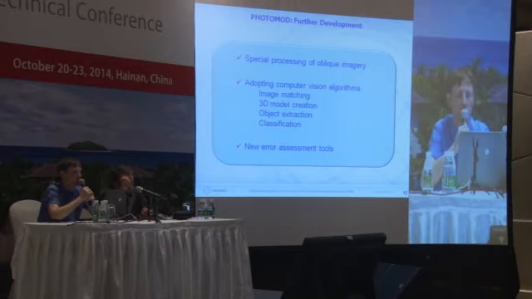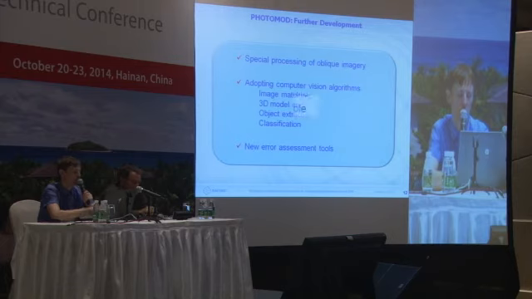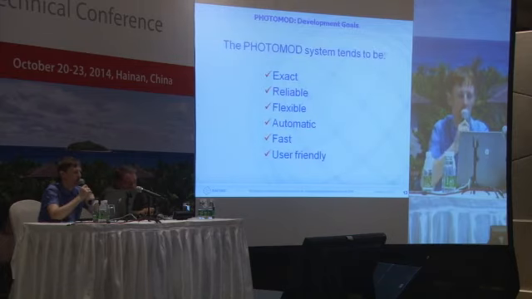We're going to further develop the new error assessment tool so that the final results be more reliable, or at least we could have certain certitude or more accurately assess the precision of these models.